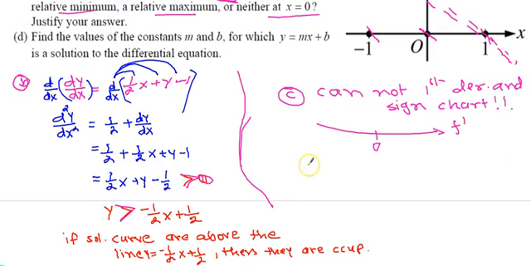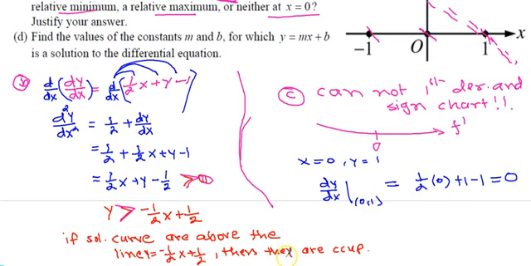So to check, my point is given x is 0, y is 1. So let's check dy/dx at (0, 1). If I substitute, 1/2 (0 plus 1 minus 1) is 0. So I know that there is a critical number because my slope, the derivative, is 0.